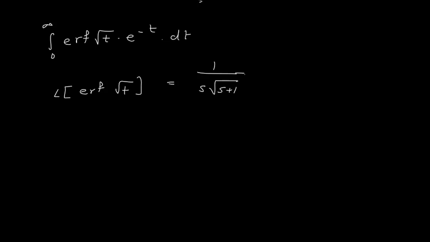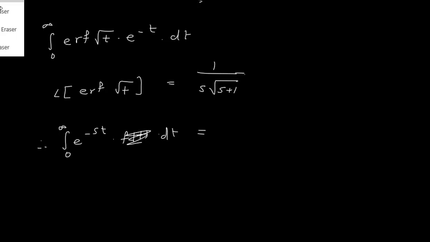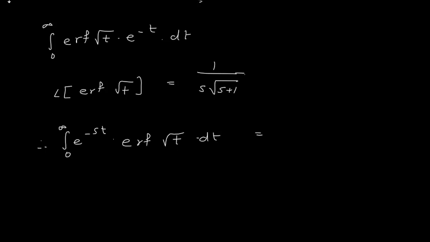So therefore 0 to infinity e power minus st into f of t dt, or in place of f of t we have the error function. So better I write the error function: e raised to minus st into error function ERF of root t dt is equal to 1 upon s root of s plus 1. Now what we have to find? It is e power minus t.